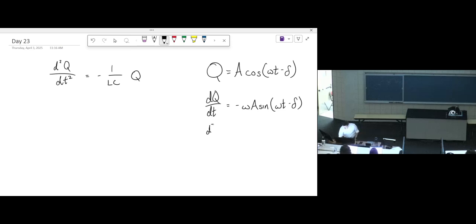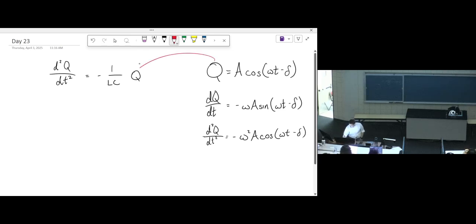And then d squared q dt squared is going to be equal to minus omega squared a cosine omega t, using the chain rule again. So let's plug that back into our equation here.